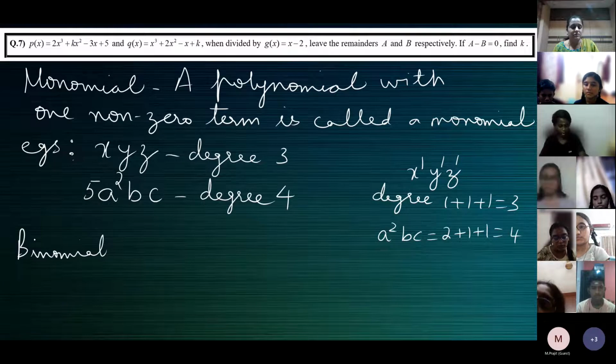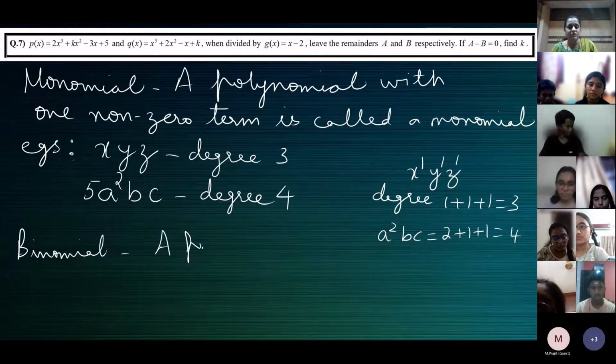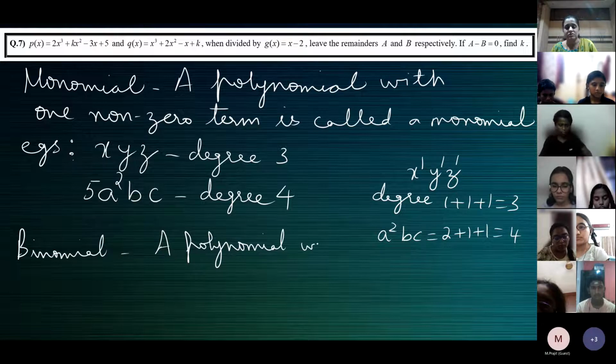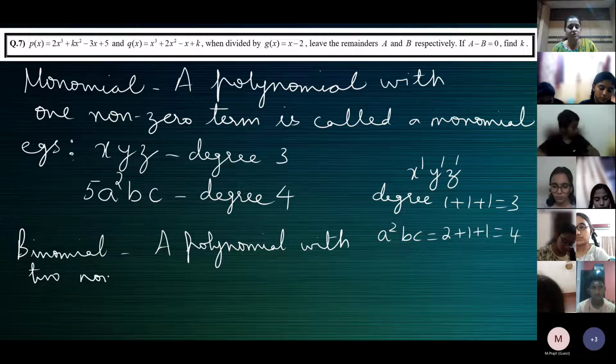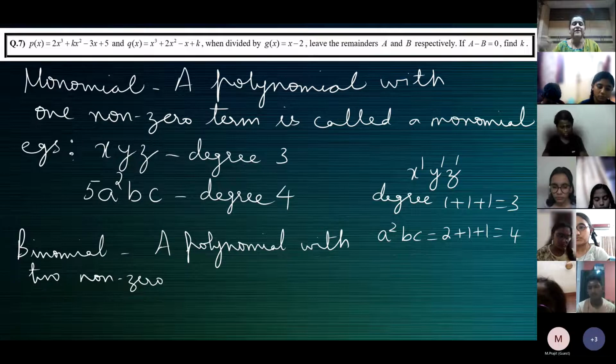Next, binomial. A polynomial with two non-zero terms. So 0 plus 0 is not a binomial. Or say x plus 0 is not a binomial.